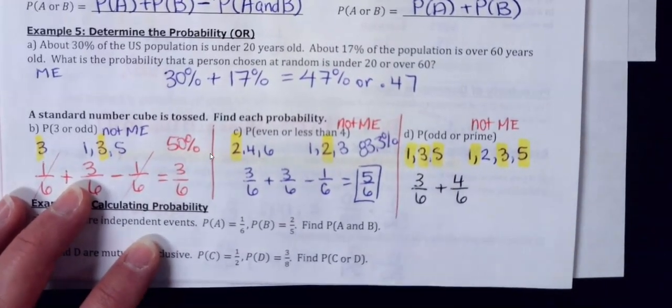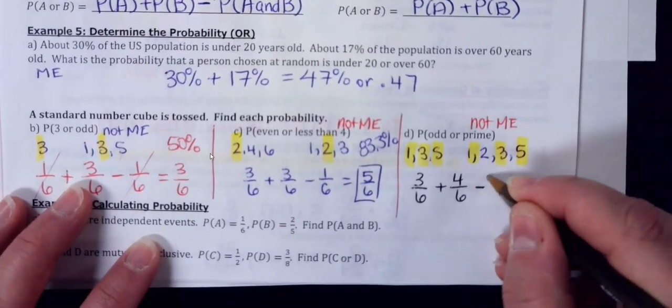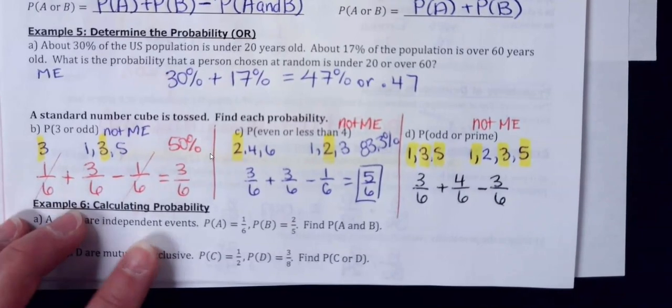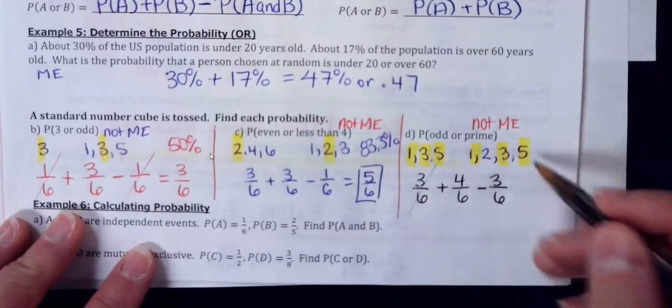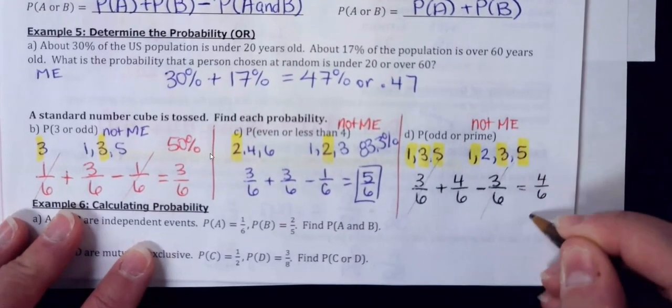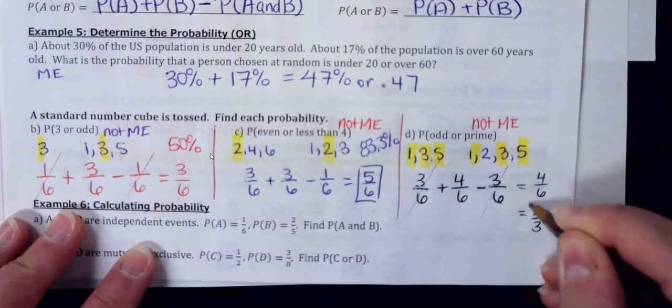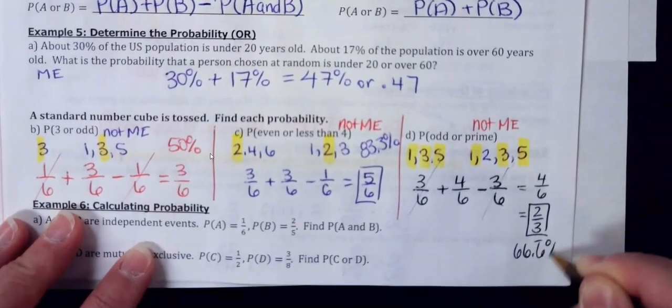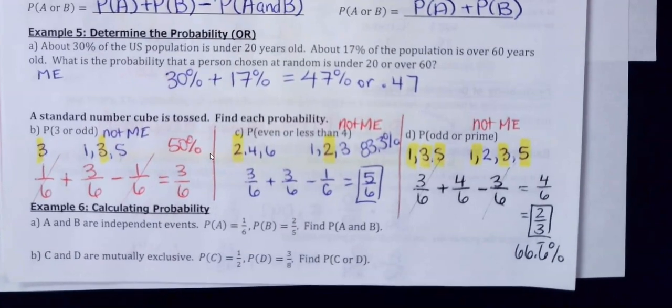So there's overlap there. I counted all of those twice. So there's 3 numbers I counted twice. So my overlap would be 3/6. So actually, this will be real quick. These two would just cancel each other out. So you'd have 4/6, or if you want to reduce that, 2/3, which would be 66.6 repeating percent as a probability.